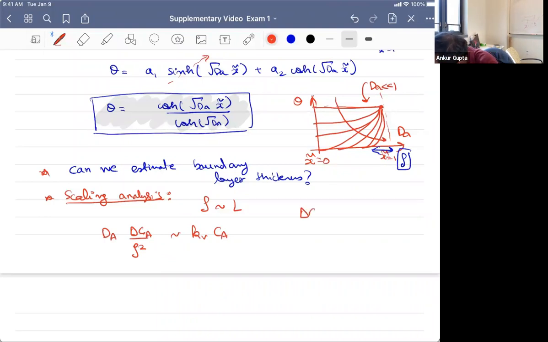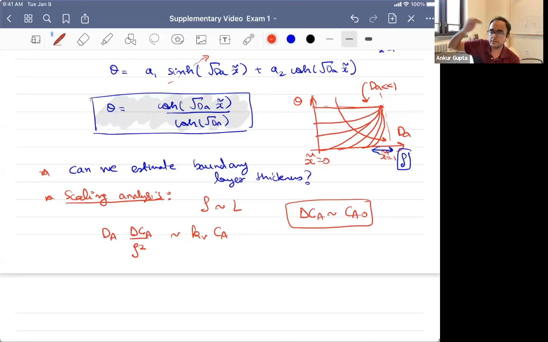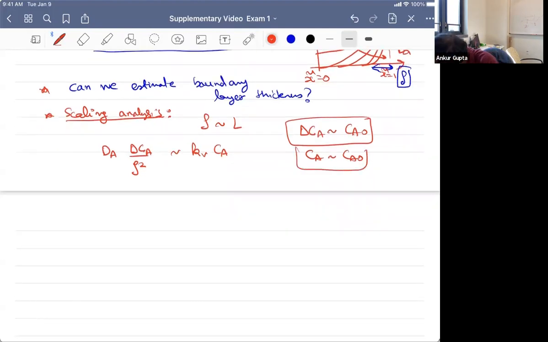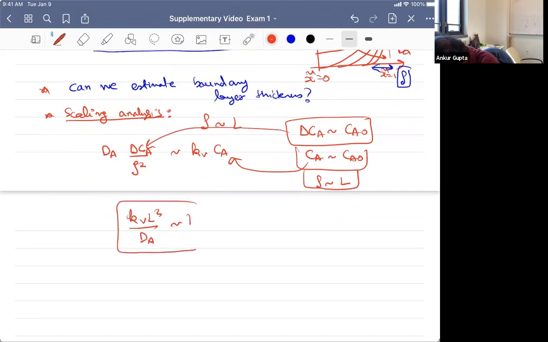And this would mean that, if you think about this, delta Ca is simply equal to Ca naught, because that's the only change you can expect from going from Ca naught to 0, right? And Ca would also scale as Ca naught. And so if you substitute Ca as Ca naught here, delta Ca as Ca naught here, and delta as L, what you will essentially get is a relation kV L square by dA is equal to 1.